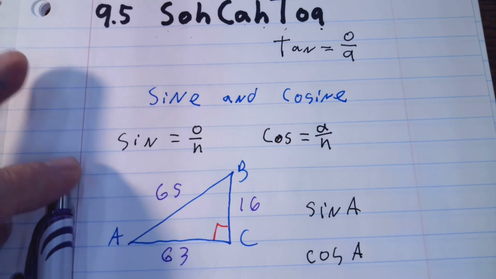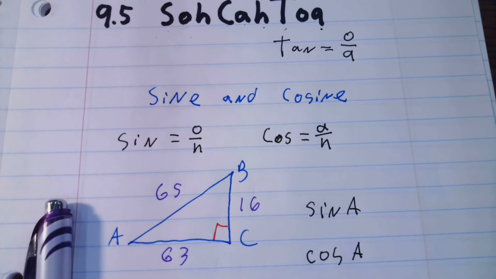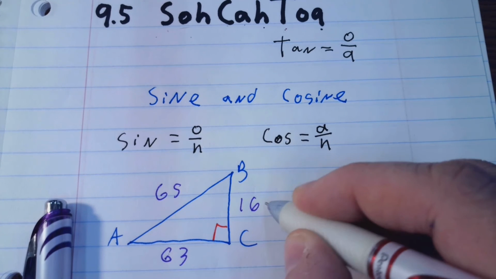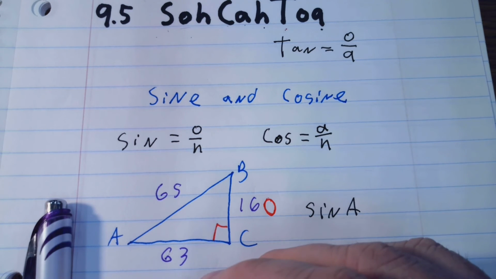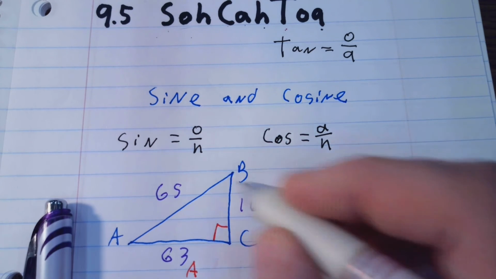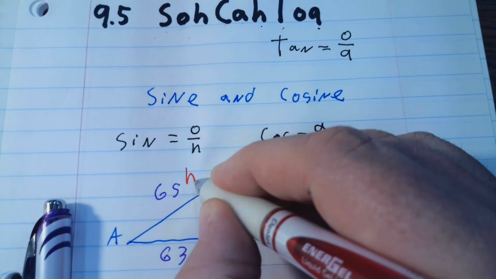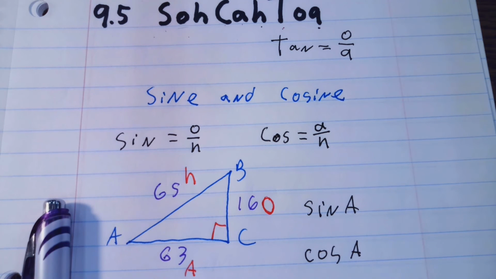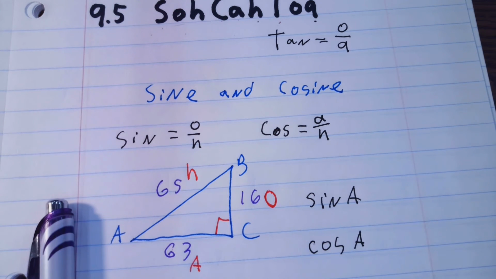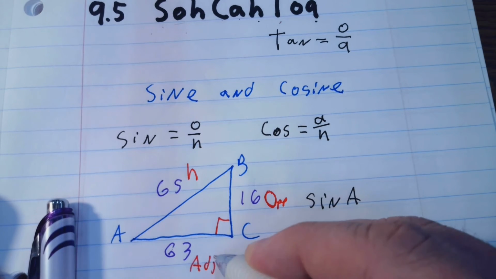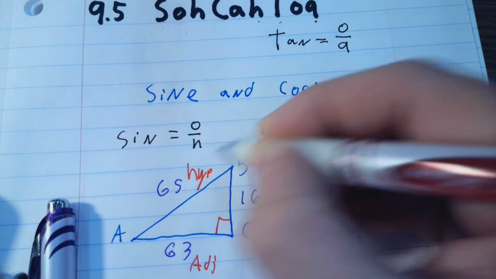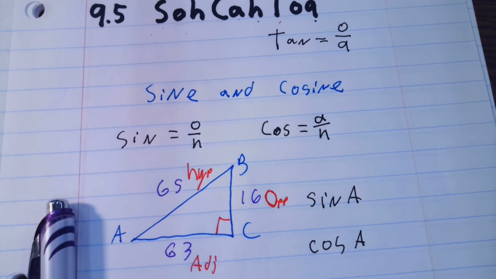Okay, are we going to do the same thing we did for tangent? Are we going to go, this is opposite, this is adjacent, this is hypotenuse? And you can do that, or some people do this. But just labeling it right off the bat helps you with these things.